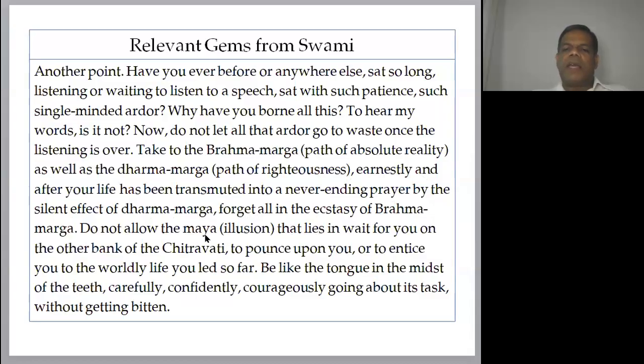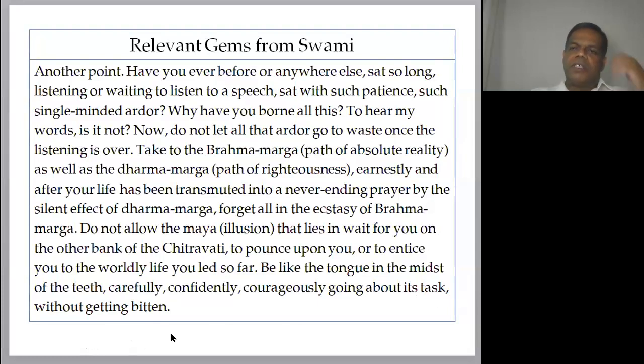Do not allow the Maya illusion that lies in wait for you on the other bank of the Chitravati to pounce upon you, or to entice you to the worldly life you led so far. Be like the tongue in the midst of the teeth, carefully, confidently, courageously going about its task without getting bitten.